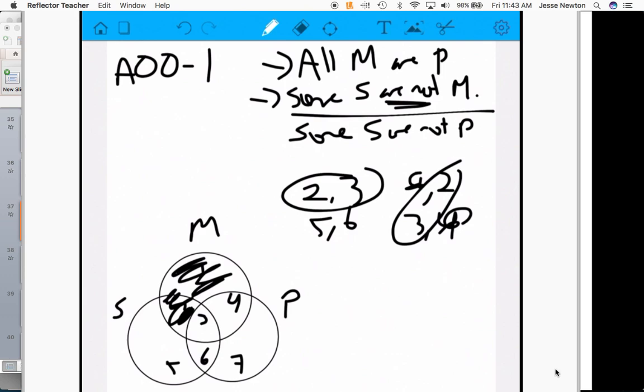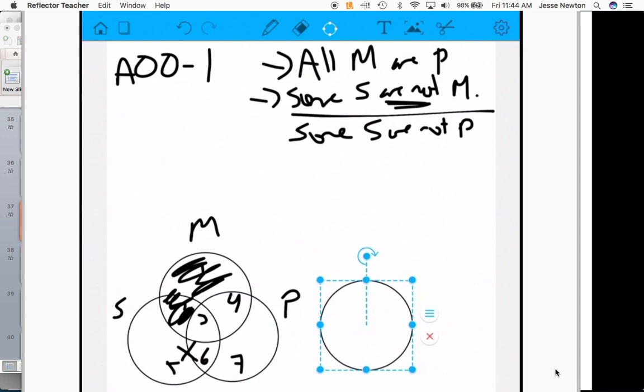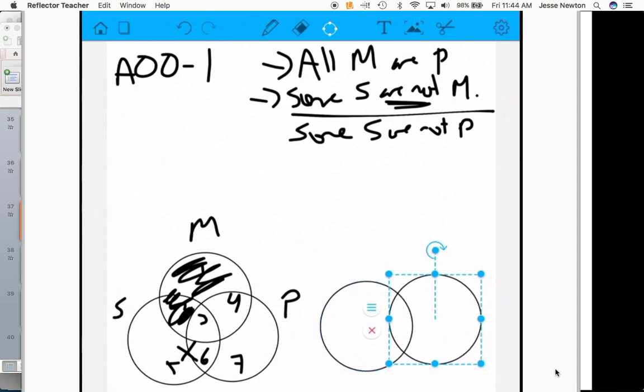So if they are not M, where are they located? It's going to be in 5 and 6, all right? Because it's "are not." Now we come to the conclusion, and let's diagram that.